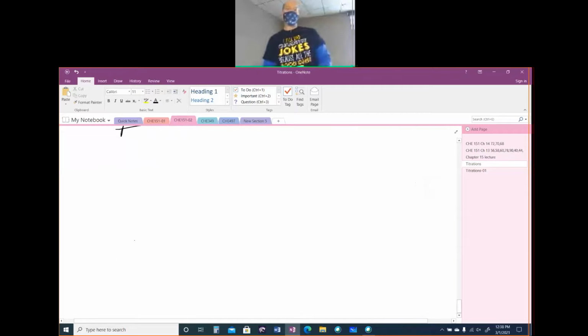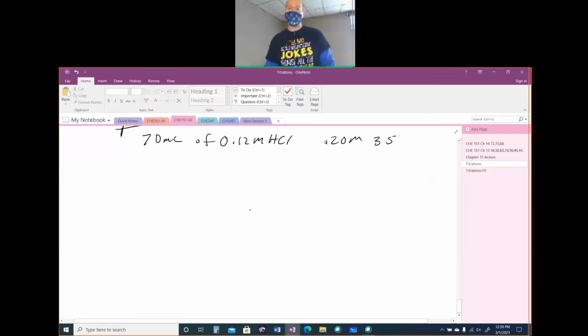All right, then we added 70 mils of HCl. So the equivalence point was 58.3 repeating. So we went past the equivalence point. So now we have 70 mils of 0.12 molar HCl added to our 0.20 molar and 35 mils of our NH3.